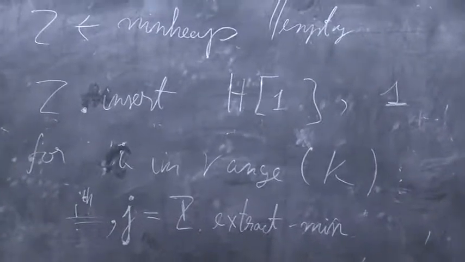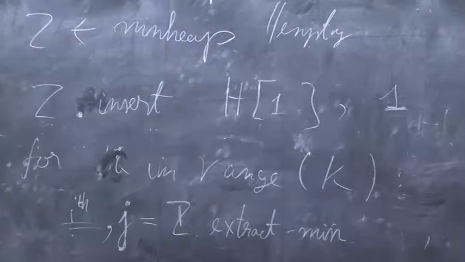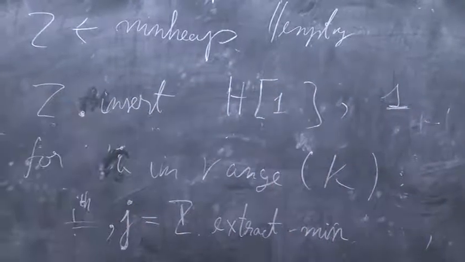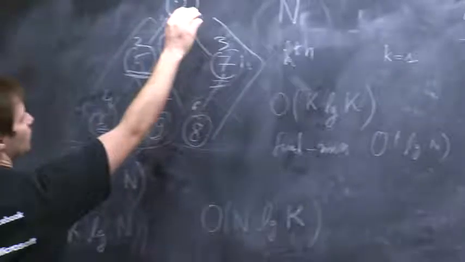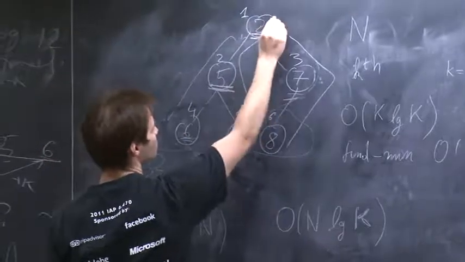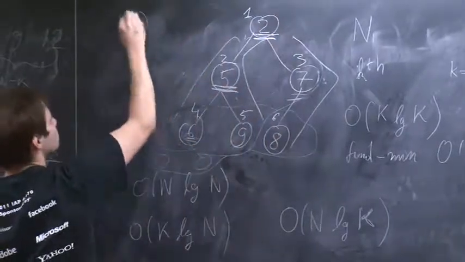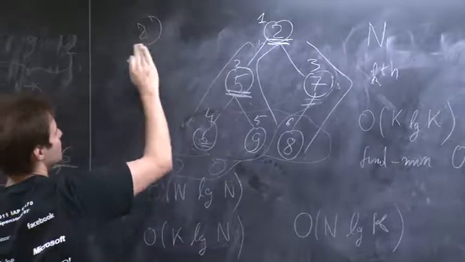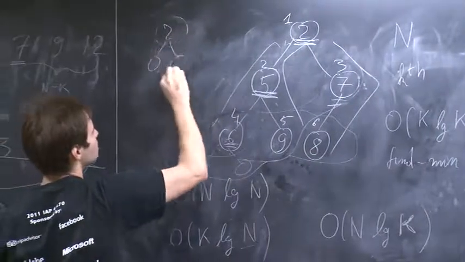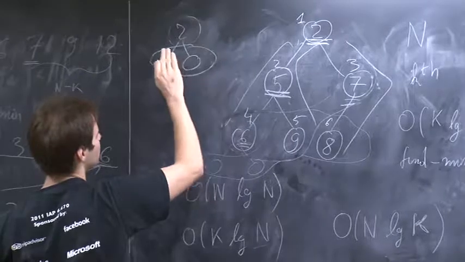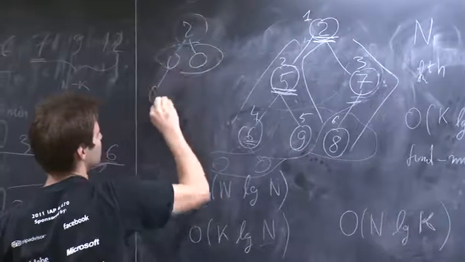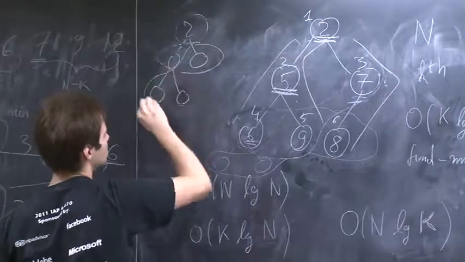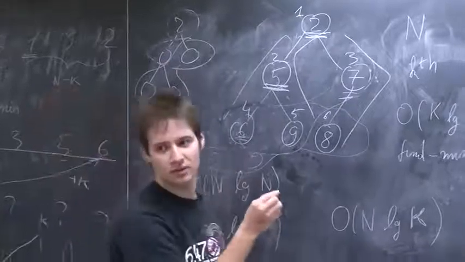So extract min is going to give us the key and is going to give us its index in the heap. What do we do afterwards? We add to the horizon. When we take out 2, we start out with a horizon of 2. 2 is the only thing that's in the horizon first. Then we take it out, and its 2 children get in the horizon. Then we take out one of the children and put its children in the horizon. So when we take out a node, we want to put its children in the horizon.